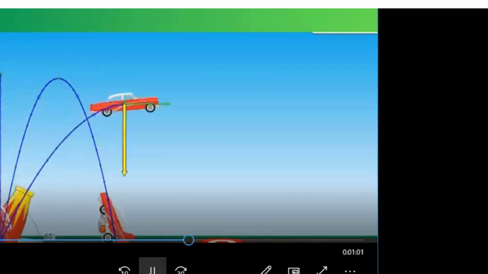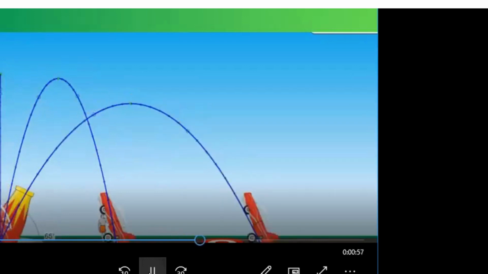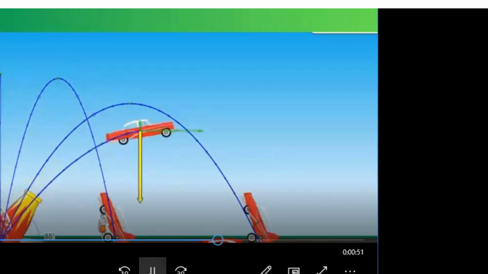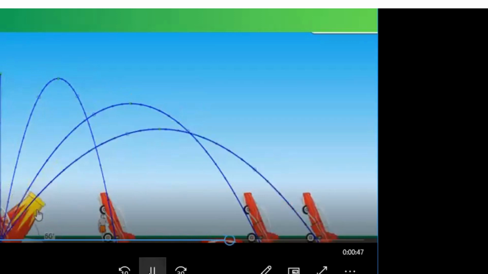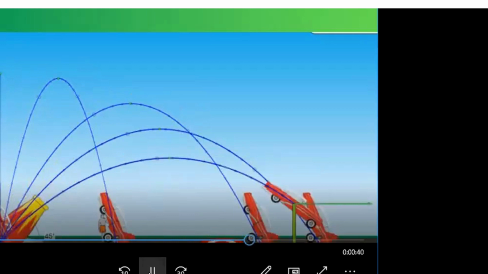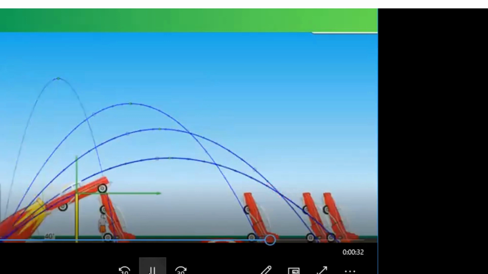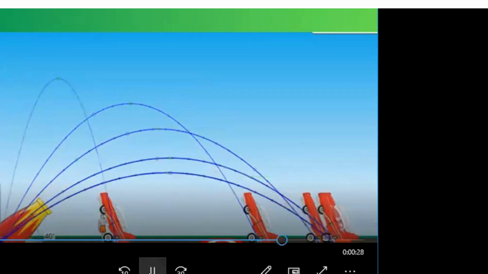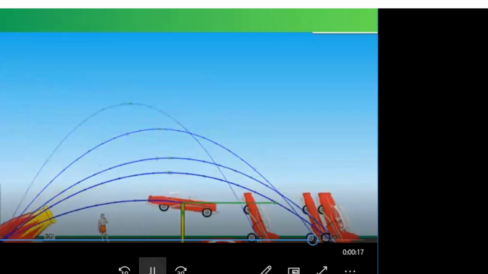At 65 degrees from the horizontal. 55 degrees from the horizontal. 45 degrees from the horizontal. This is the maximum distance attained.